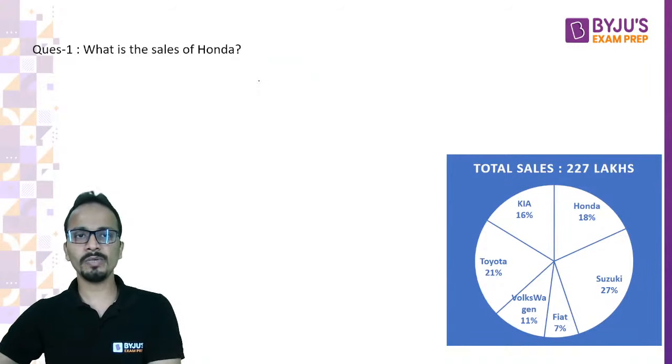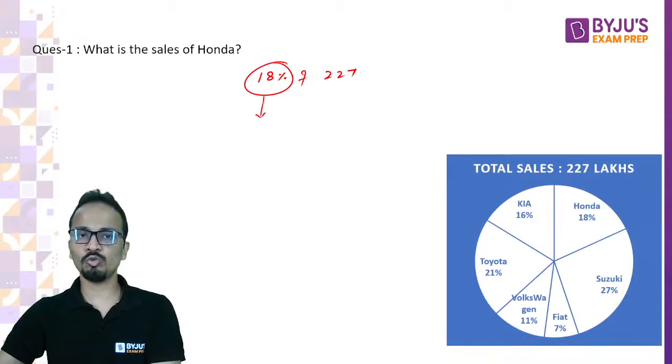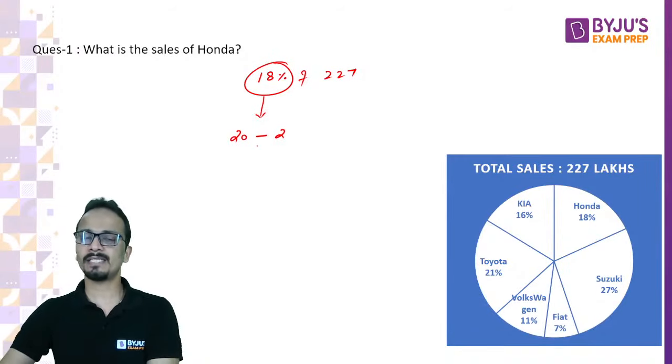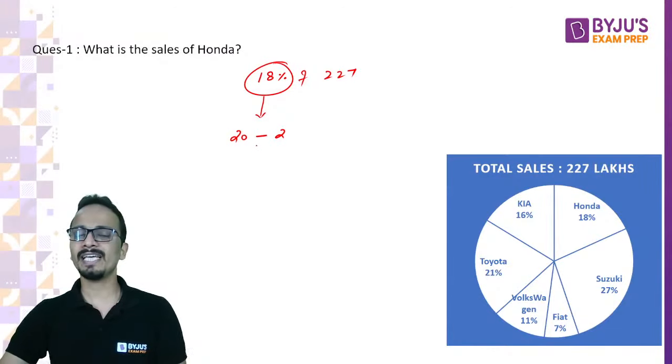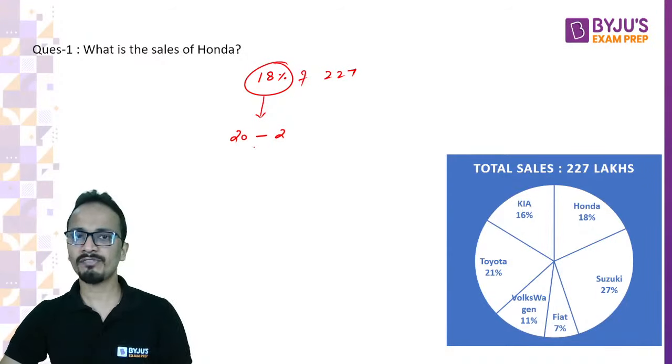So what I need to calculate is 18% of 227. I'll break 18% into two parts, 20% and 2%, and I'll subtract them. So I'll calculate 20%, I'll calculate 2% and we'll take the difference. Now this can be done orally or by minimizing the amount of rough work.